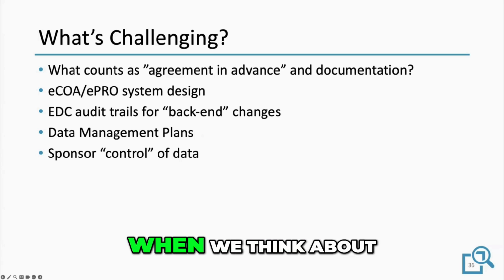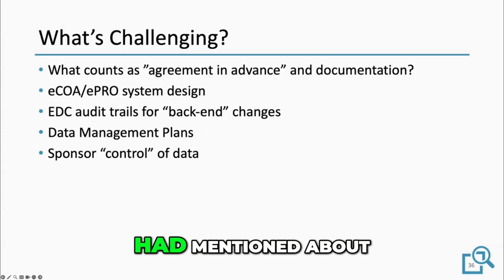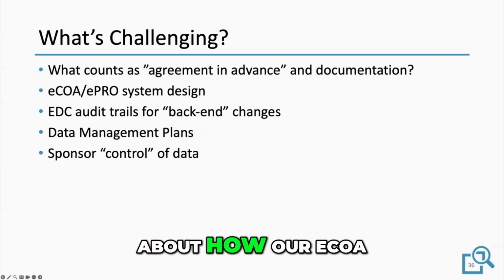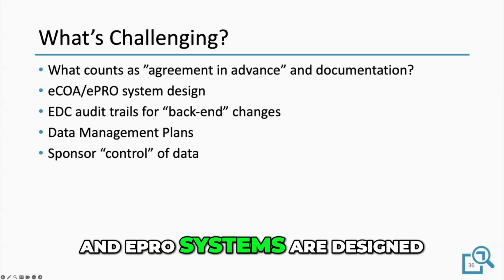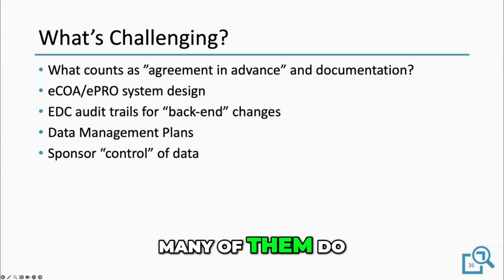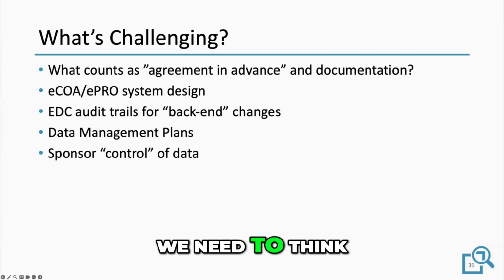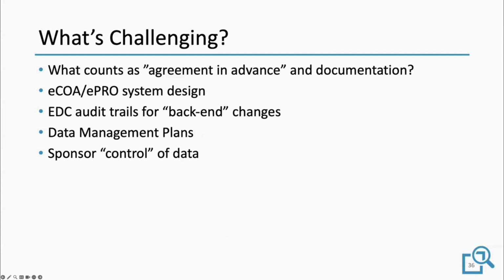Now, when we think about that requirement that Priya had mentioned about sites and participants being able to change data, we need to think about how our eCOA and ePRO systems are designed. Many of them do not let participants or sites make changes after a form is submitted or after a certain period of time. And so if we are permitting sites and patients to make justified changes, we need to think about the mechanisms for doing this.